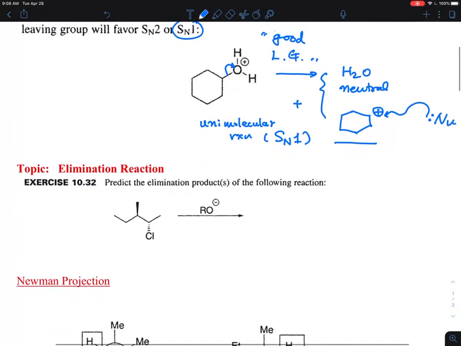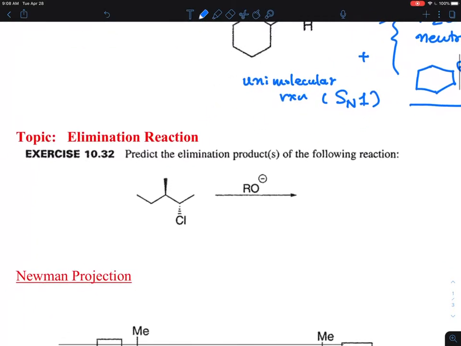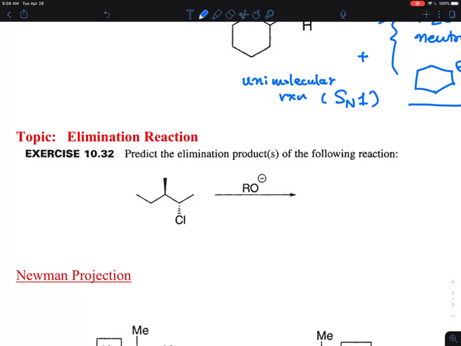Number two is actually quite a tricky problem, and a pretty difficult one to solve. The clue is that they say this is an elimination reaction. What is the product? We know that the product will be an alkene. That's something you want to know.